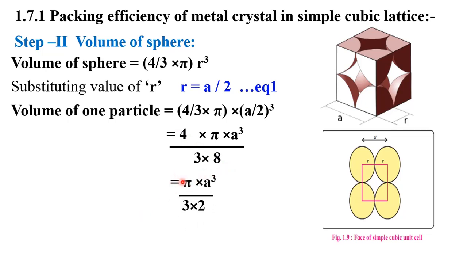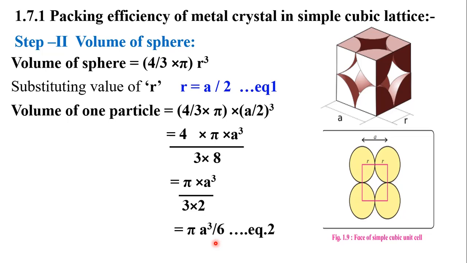So here pi into A cube divided by 3 into 2, that is equal to pi into A cube divided by 6. So the volume of one particle is how much? Pi into A cube divided by 6.